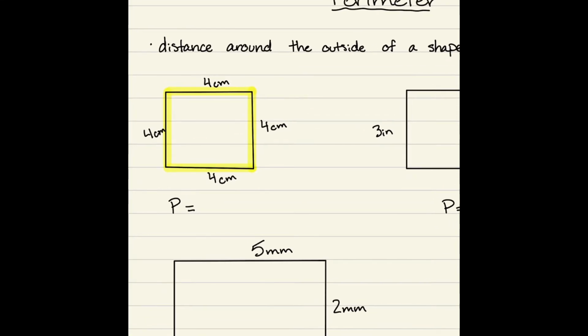So we have a square here, meaning that all of the sides are the same length. So let's add up the perimeter. So we have this side, which is 4 centimeters plus 4 centimeters, which is 8, plus 4 centimeters is 12, plus another 4 centimeters is 16.